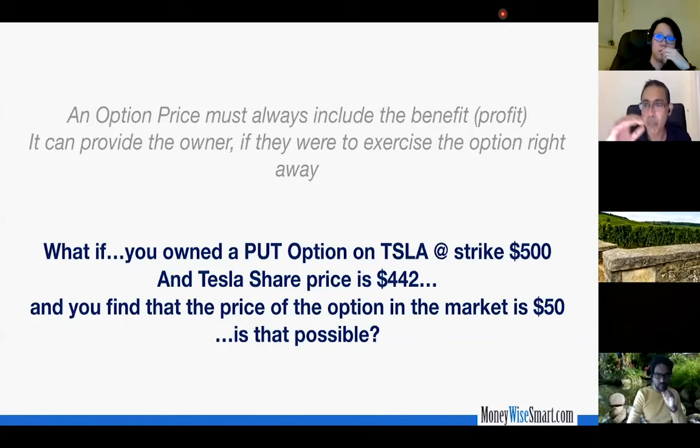And it's demand and supply. So the price of the put option will keep rising till it crosses 58. So at least then the put option will include the basic value which it comes with, which is the ability to make a profit of $58 immediately.